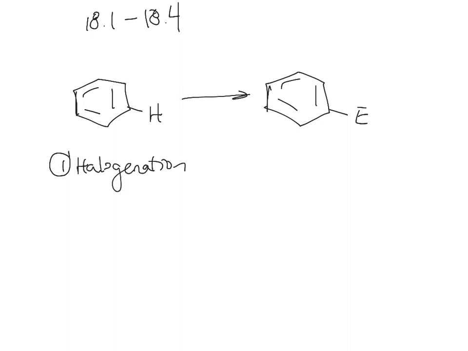So you can imagine with halogenation, you replace your hydrogen with X, so some sort of halogen. Our second example is called nitration, and you're going to replace the hydrogen with NO2.